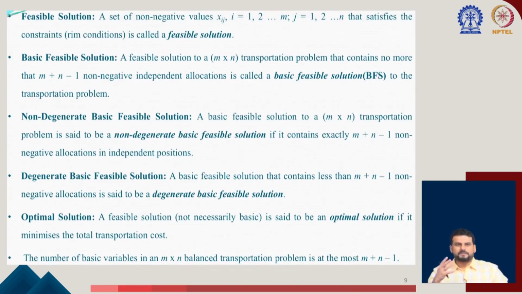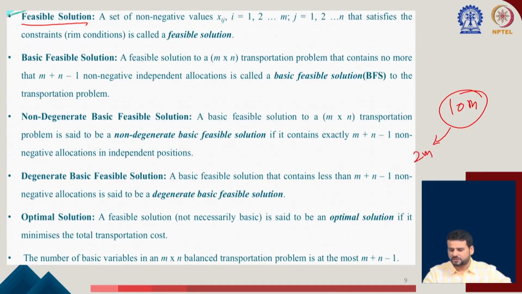There are some terms we will just go through, and when we solve the numerical we will understand more clearly. A feasible solution is any solution that satisfies the total condition. Let us say I have 10 meters of cloth, a very simple example. If I make a shirt, I need 2 meters per shirt. If I make a trouser, maybe I need 3 meters per trouser.